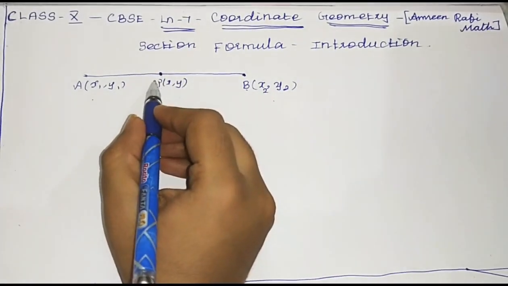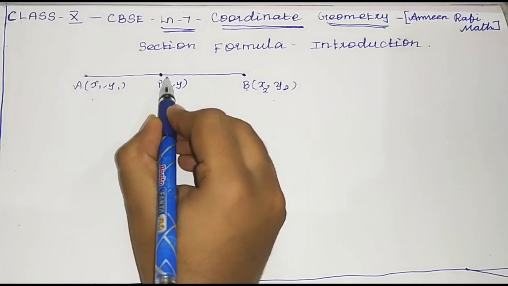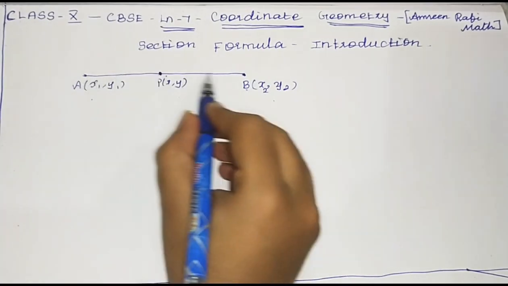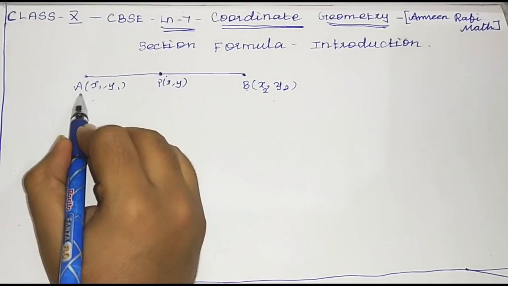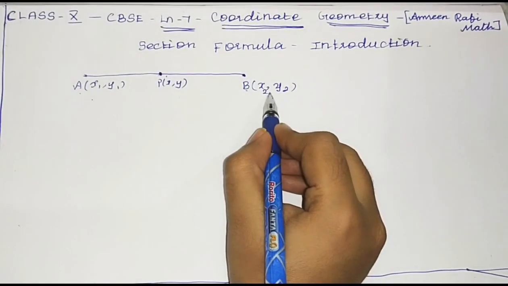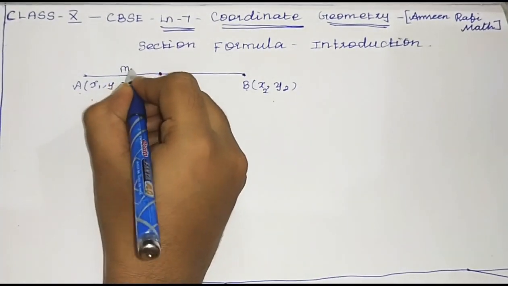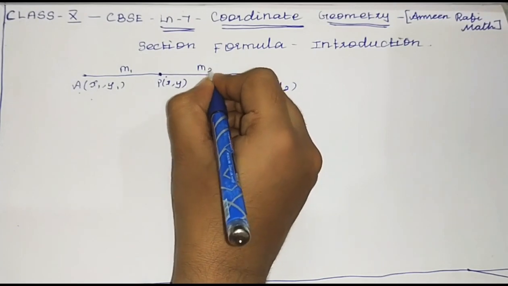Now listen carefully. This P of x, y divides the line segment joining the points A of x1, y1 and B of x2, y2 internally in the ratio m1 by m2.